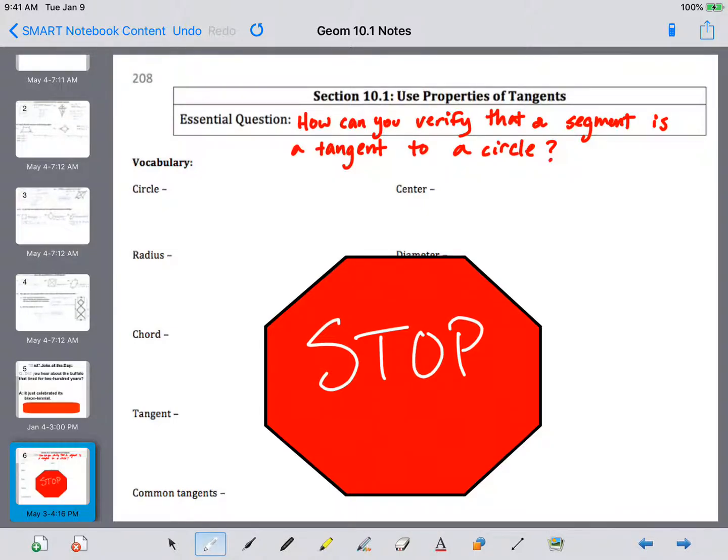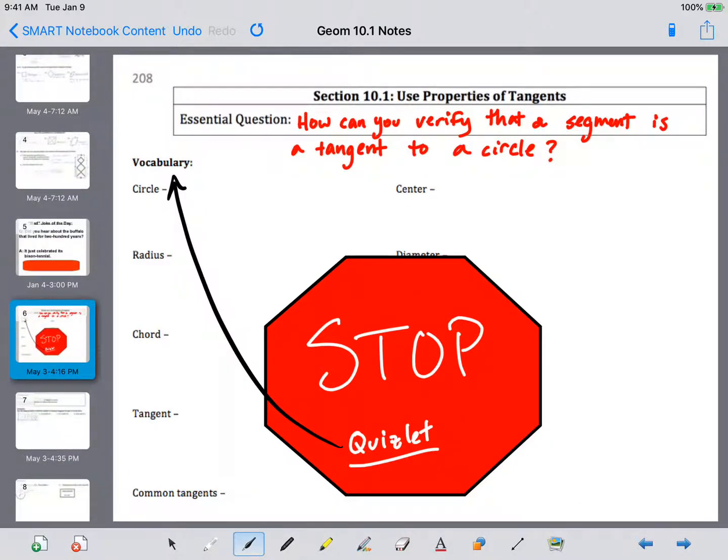I will link you to a Quizlet, and in that Quizlet it's going to have all the vocab that you need in order to continue. So do not continue unless you have the vocab done. Otherwise this lesson will be very confusing. So click the link, get the vocab, then come back and see me to finish up these notes.